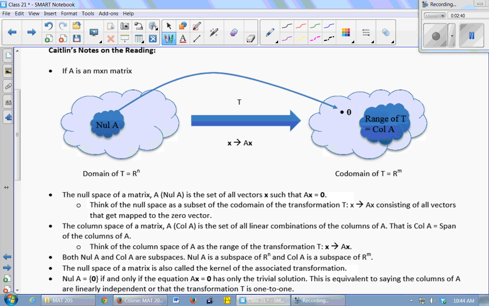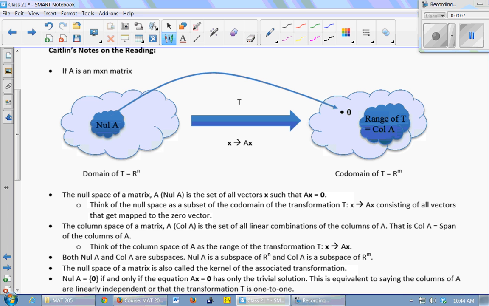A subset of the domain is the null space. The null space is all the vectors from the domain that get mapped to 0 in the codomain. And the column space of A is a subset of the codomain, and it's actually the range of T. It's the set of all things that you can get out of the transformation.